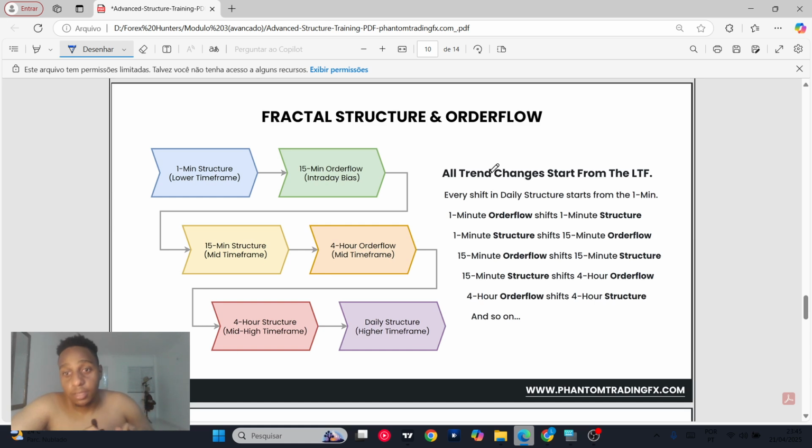Every shift in daily structure starts from the 1 minute time frame. 1 minute order flow shifts 1 minute structure. 1 minute structure shifts 15-minute order flow. 15-minute order flow shifts 15-minute structure. 15-minute structure shifts 4-hour order flow. 4-hour order flow shifts 4-hour structure, and if 4-hour structure shifts, basically the daily structure will shift as well.